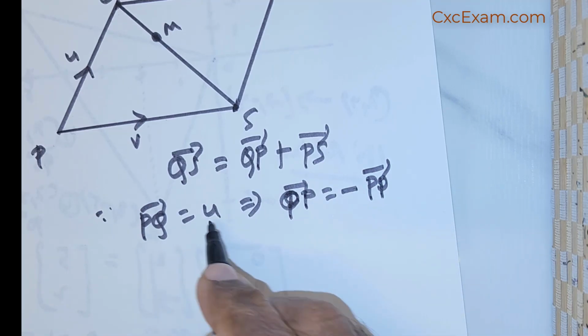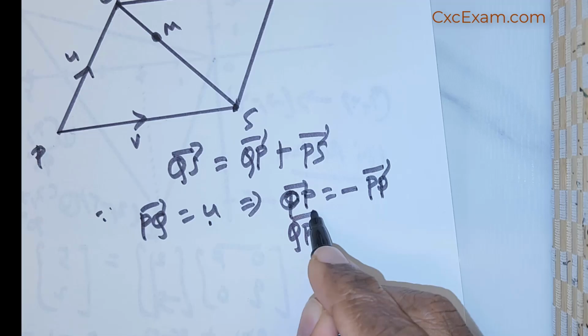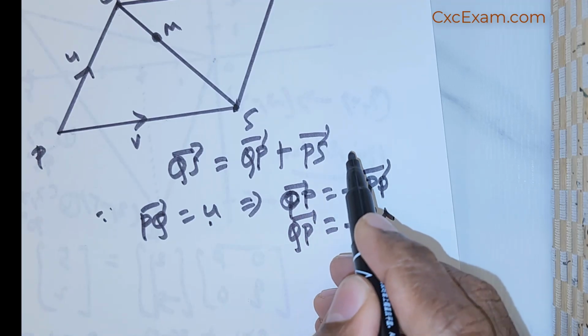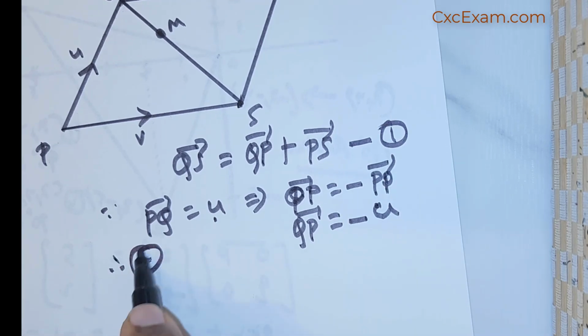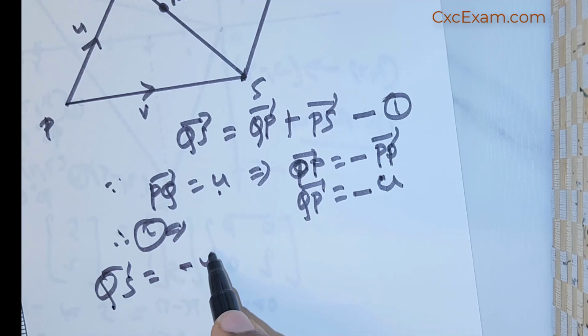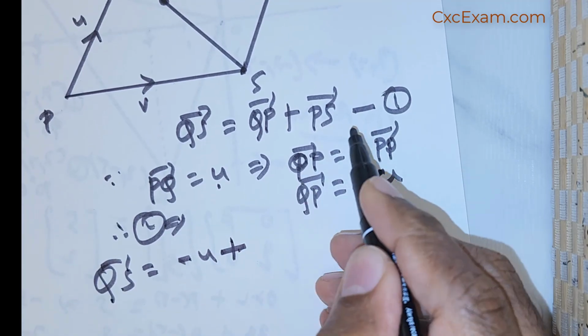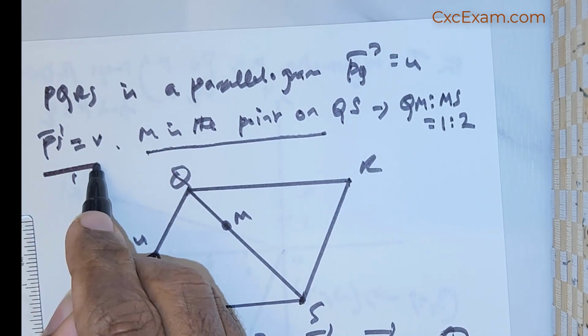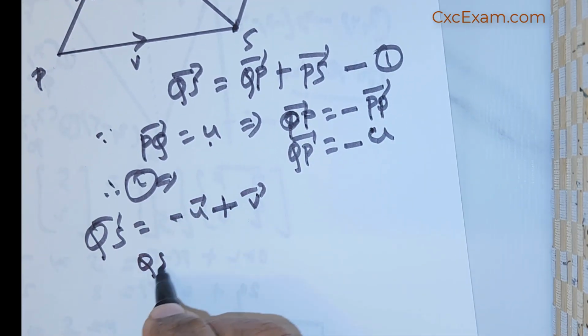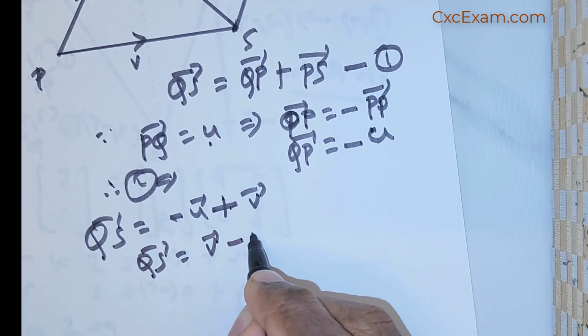But PQ is U. So therefore QP vector is going to be negative of U. So if I were to take this as 1, QS vector is equal to QP, which is negative U vector, plus PS, which is already given as V vector. So this is what we have got. So therefore QS is nothing but V vector minus U vector.